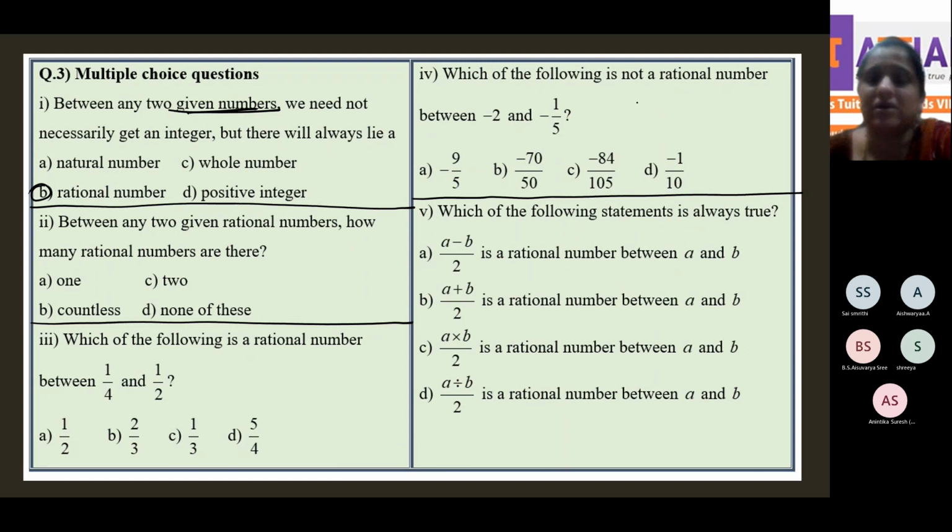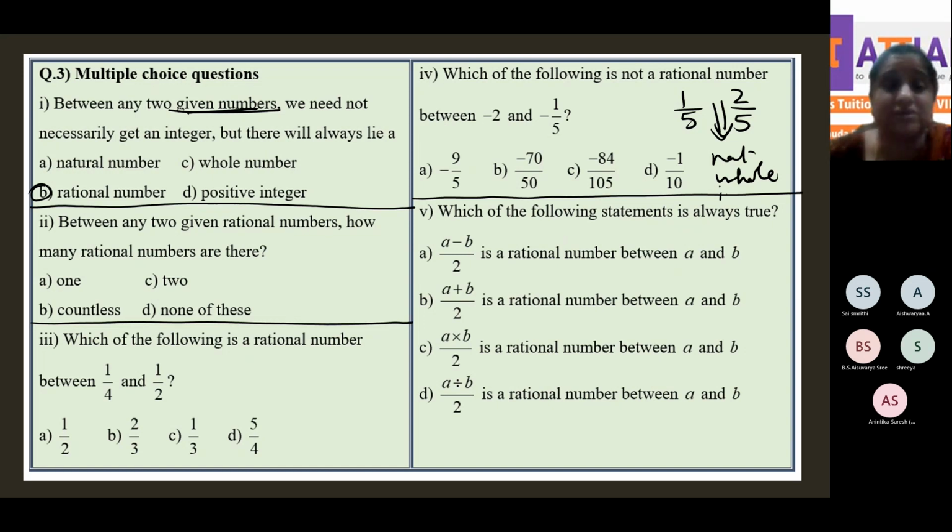See here, between say 1 by 5 and 2 by 5. 1 by 5 is a rational number. 2 by 5 is a rational number. Between these two rational numbers, you cannot find a natural number, a whole number, or a positive integer, but you can always find a rational number between these two. That's the meaning. Okay, ma'am.